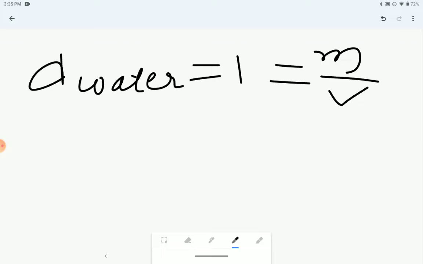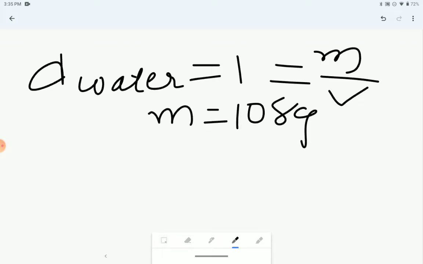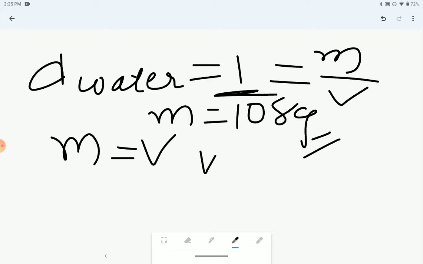So in case of water, mass is equal to volume, because the density of water is 1. Hope you understood this topic. So the volume given as 108 ml means the mass is also 108 grams.